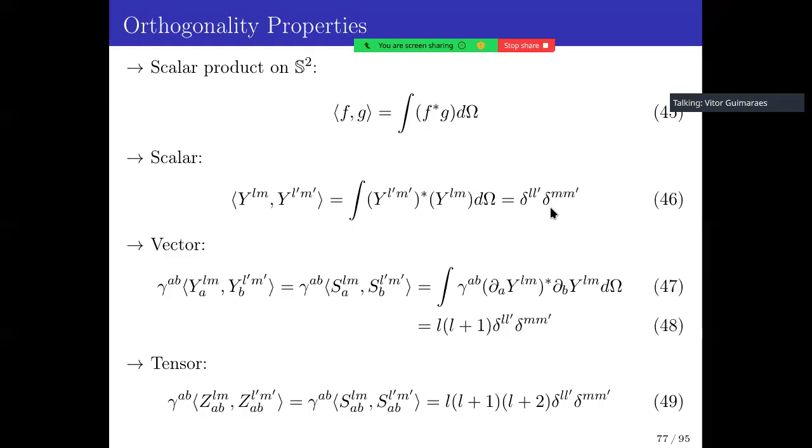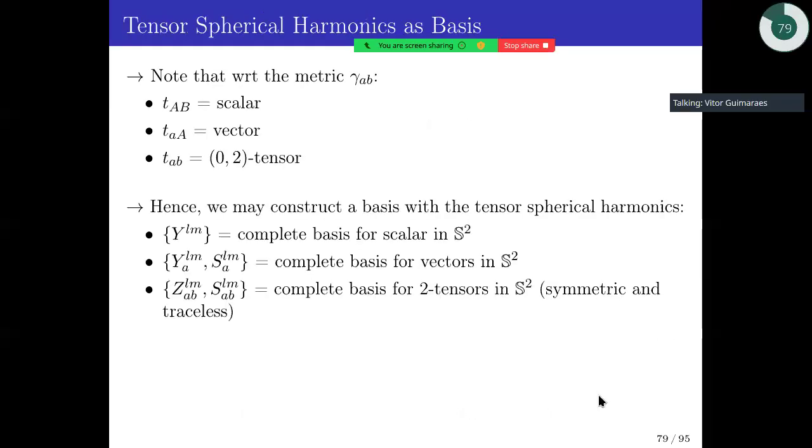The orthogonality properties. And then we saw that the tensors from the full manifold are not of the same character in the two composite manifolds. For M2, they can be seen as one thing, but they can be seen as different things for the two-sphere.